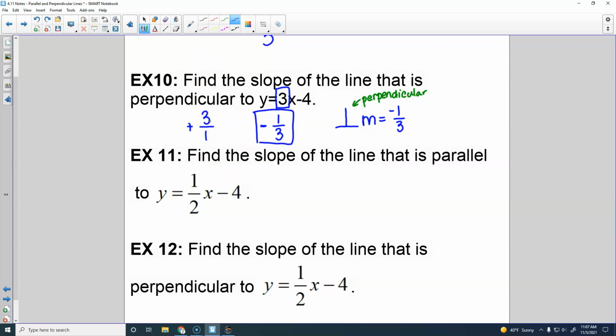And then we know that parallel lines have equal slopes, right? This symbol right here means parallel. We can use it if we want. Parallel, just like two lines next to each other. So the parallel slope would be just the same. So we'll get 1/2.